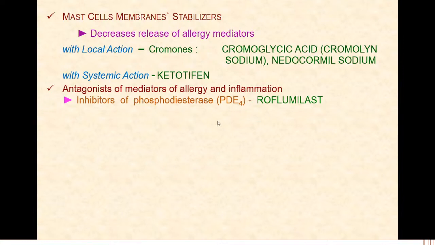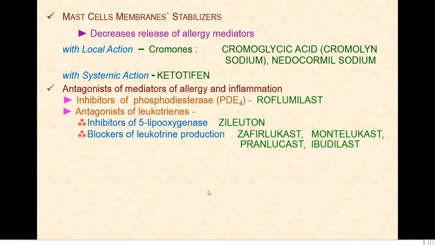And PDE 4, this is an enzyme in the cells of lungs, of bronchi, of connective tissue of lungs. An inhibition of this enzyme causes inhibition of processes of allergy and inflammation. The agent is roflumilast. It's an additional drug improving the condition of patients suffering from bronchial asthma, roflumilast.